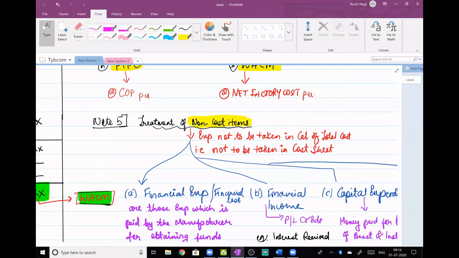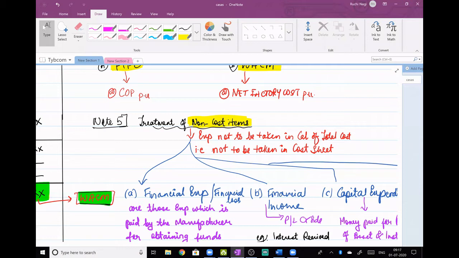Expenses paid by the manufacturer for converting raw material into finished goods. And conversion was also defined: change in the size, shape, form, structure, color, taste, smell of the raw material. If the raw material is losing all these properties, that means the finished goods have been formed. Whatever expenses you pay in losing these properties, that is cost.